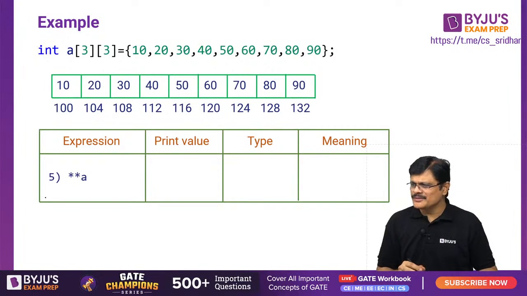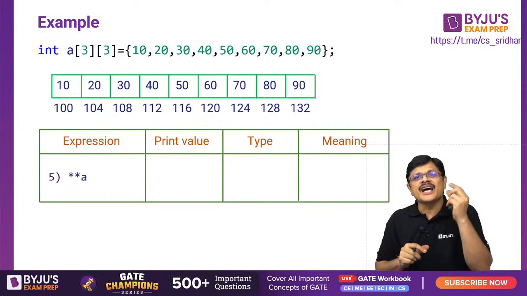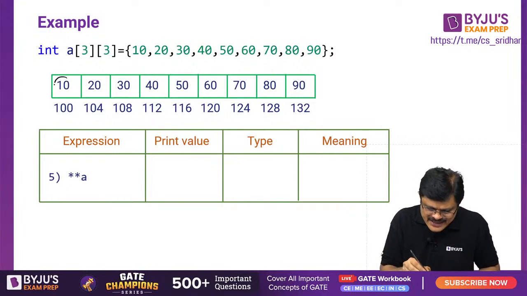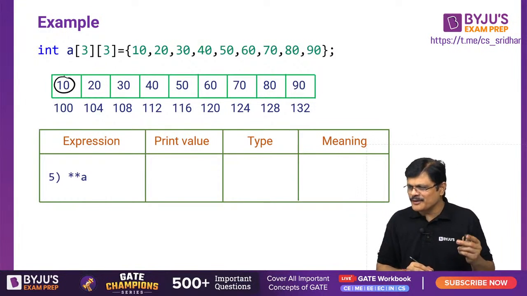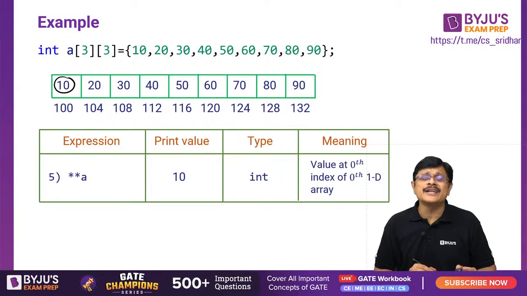See, A means the 0th 1D array. Star A means the 0th element. Star of that means the value at that, that is 10. So 10 is the answer, and it is simply an integer. It is the value at the 0th index of the 0th 1D array.